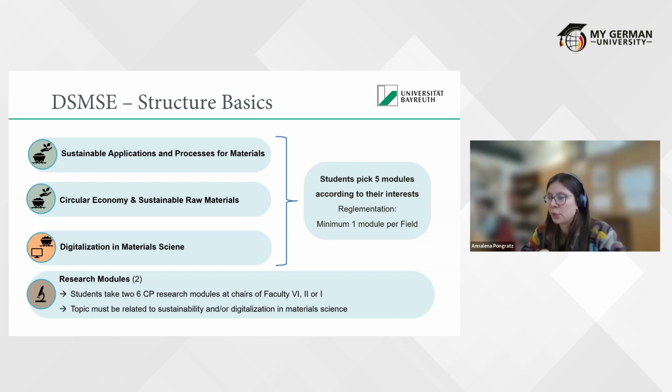However, the topic must be related to sustainability or digitalization in material science. Within the module, you will be able to follow our PhD students on their work and really get a deeper knowledge on what you can learn here. And also, this can be a first insight into a possible master's topic.